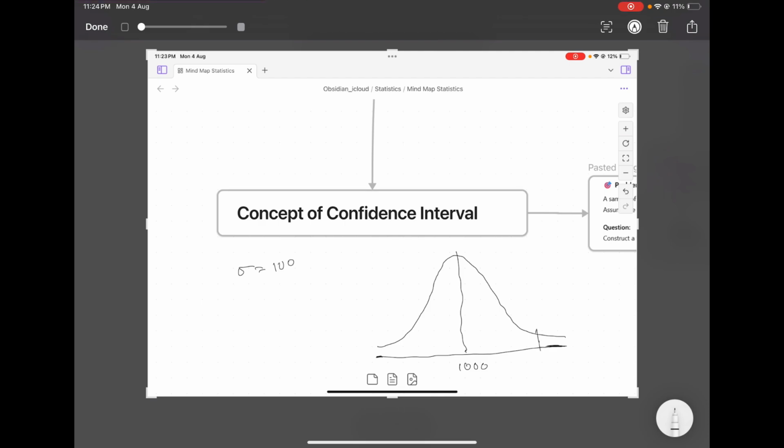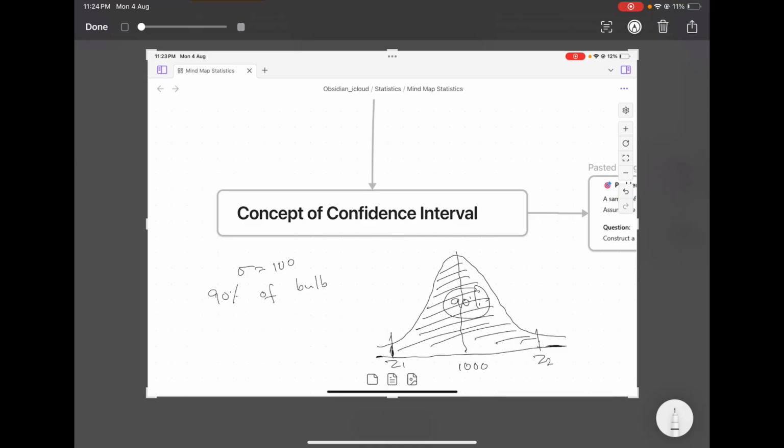So for example here, let this be 90%. We have seen the probabilities. So 90% of bulbs will last between these two values, Z1 and Z2.